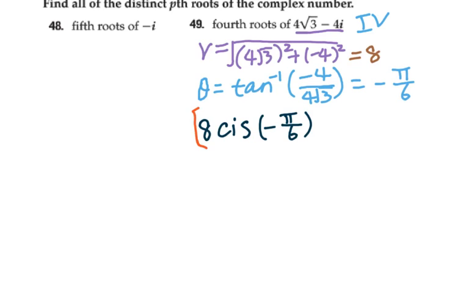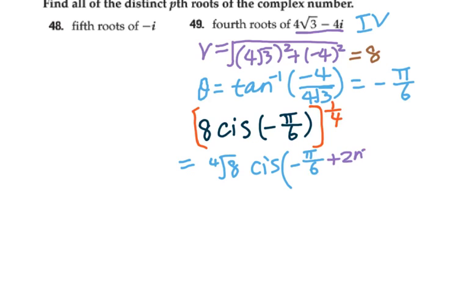Then we take fourth roots, so the 1 over 4th power. Therefore, we got the fourth root of 8 cis of negative pi over 6 plus 2n pi, over 4.